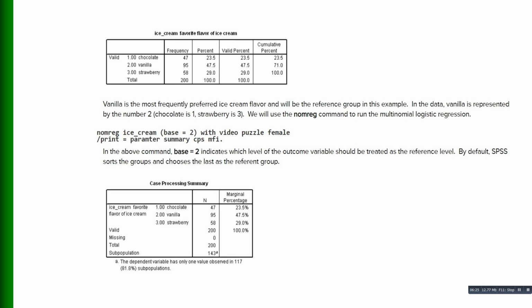In the upper table, you see that there are three flavors of ice cream.